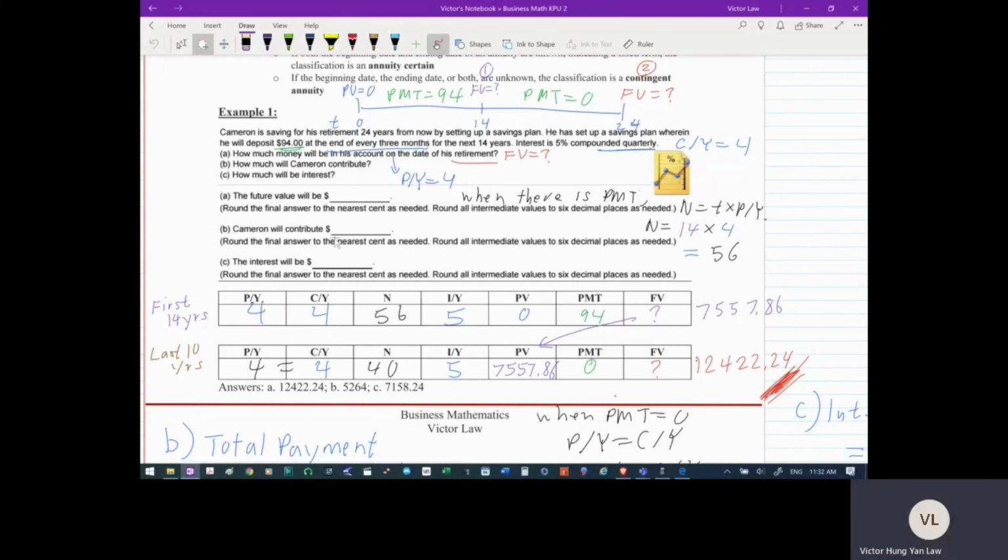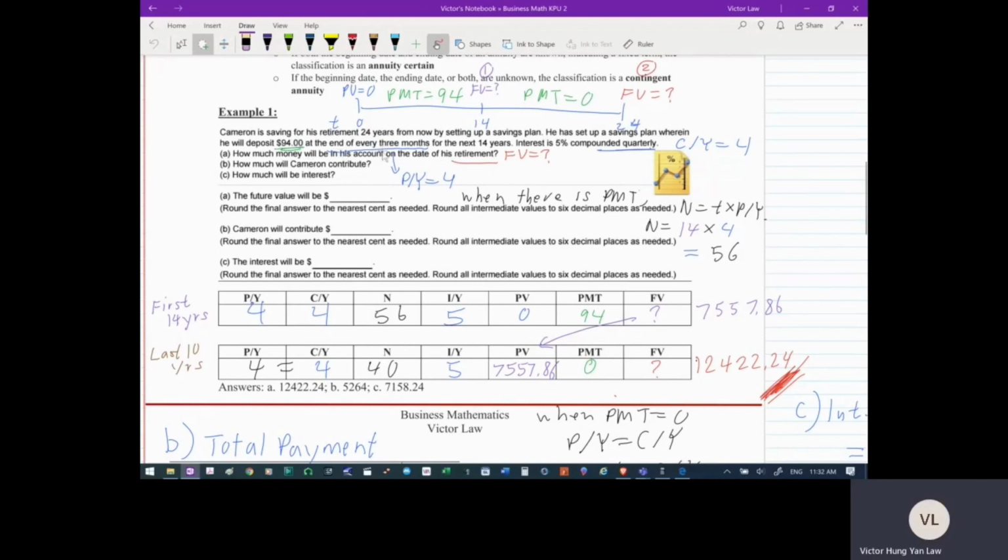When you're reading the question, you need to know where to get the PY and where to get the CY. Right now, PY and CY are the same, but in the next chapter, they're not going to be the same. The PY comes from the payments per year, so it's always near the payment, near the PMT.